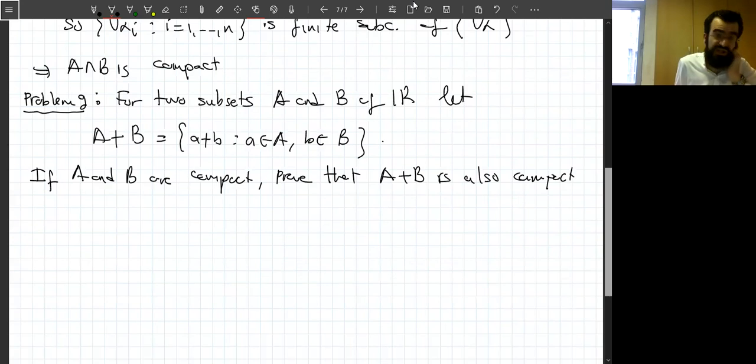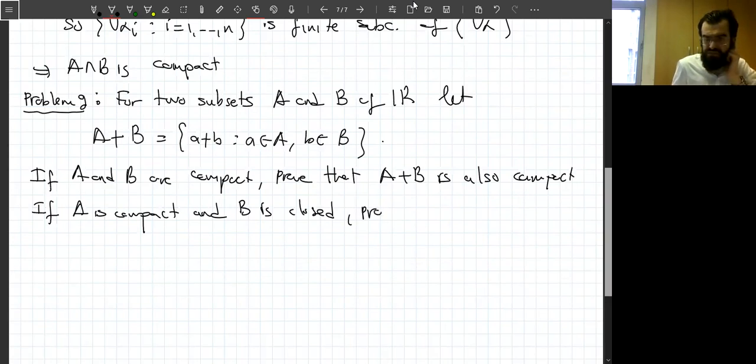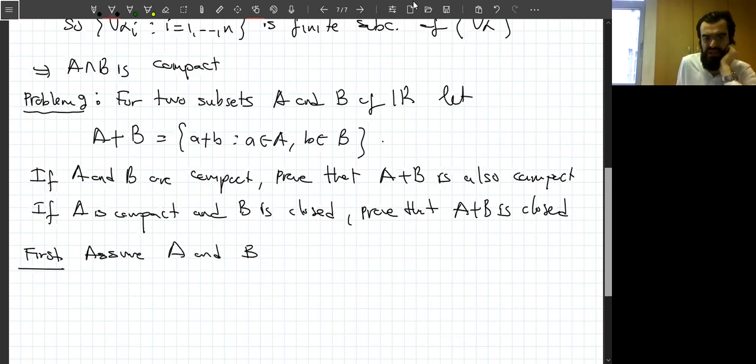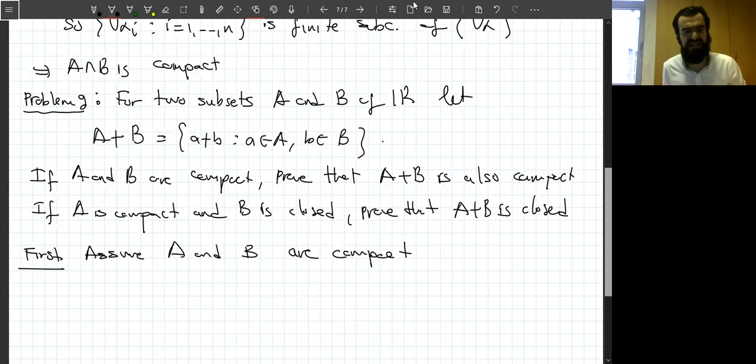The second part of this question is: if A is compact and B is closed, prove that A plus B is closed. Okay, the first. Assume A and B are compact. We have two compact sets.